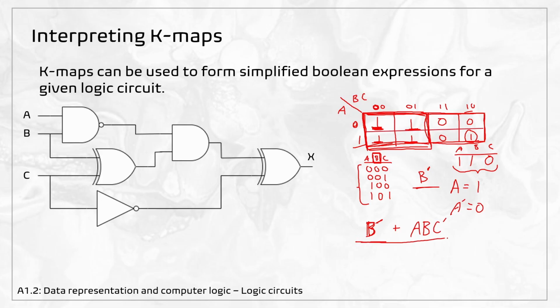So we now have a Boolean expression right here, and we can label this as F equals to. Now F just means the output. And this combination, B prime plus A, B, C prime, is just referring to every single grid in this K-map that outputs a 1. So by looking at this, we know that any one of these inputs will equal a 1. And that's how we interpret the K-maps, and that's what K-maps are used for.